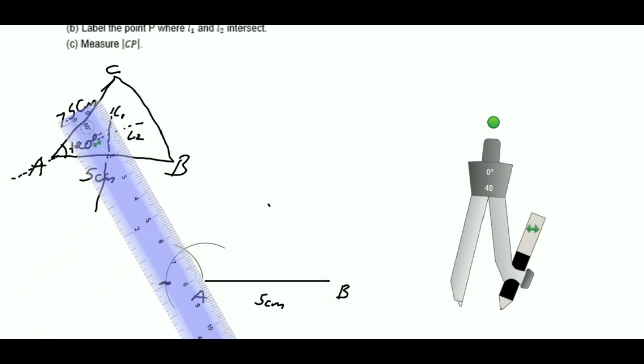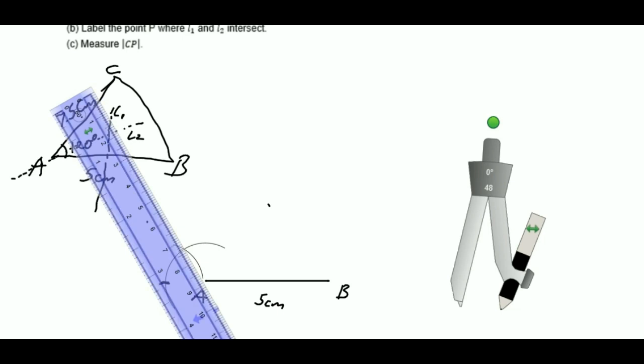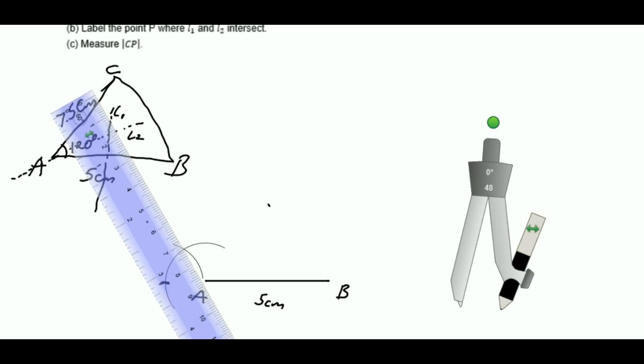Make sure your ruler passes through where the two arcs meet, and also where you have got this line. Probably somewhere there. Then you have something like this. I'm really finding it tough to align these two, but I believe you get the idea. You just take it there, make sure it passes through the end point of the line and where the arcs intersect, then draw your line. You can draw it all the way as you want.